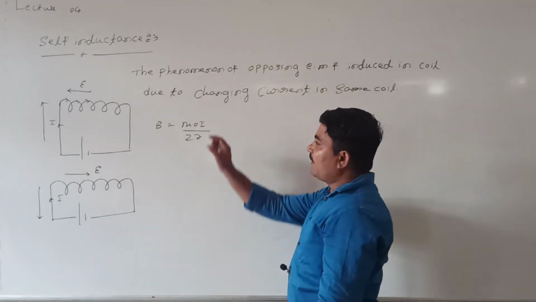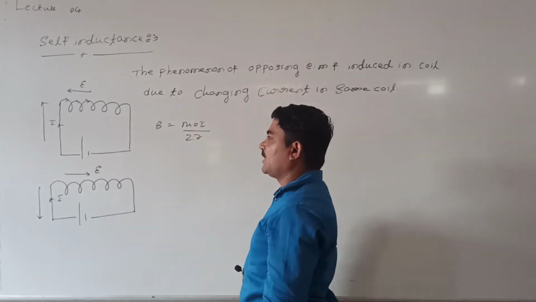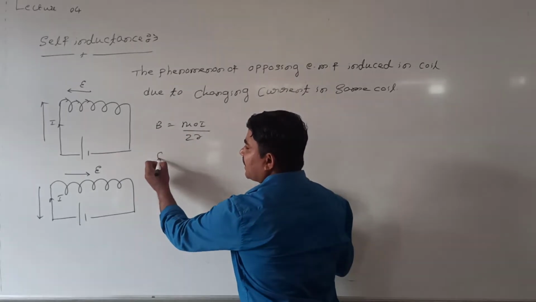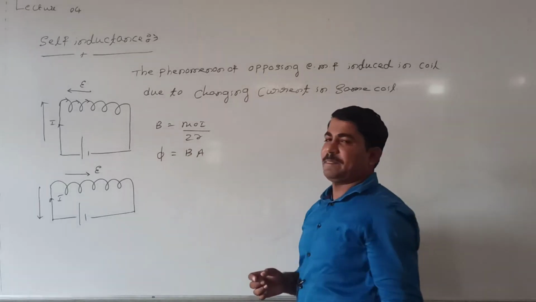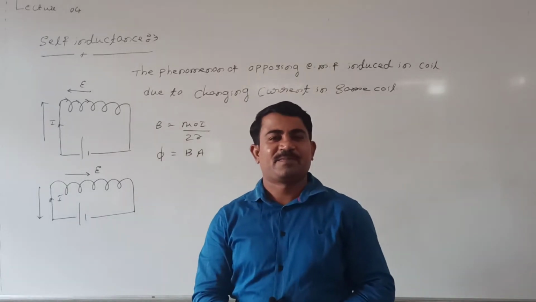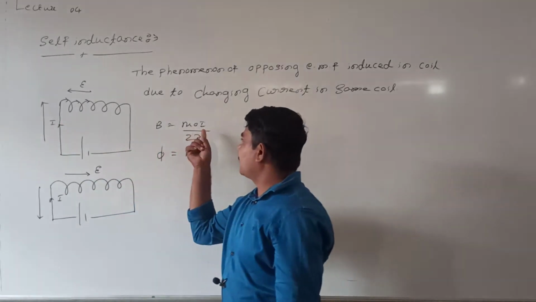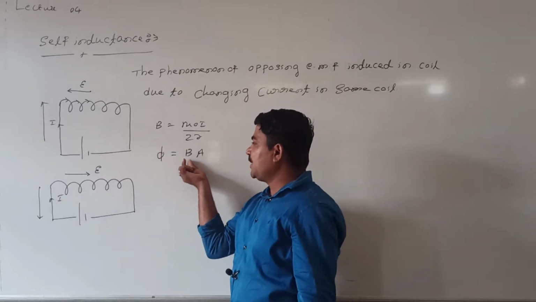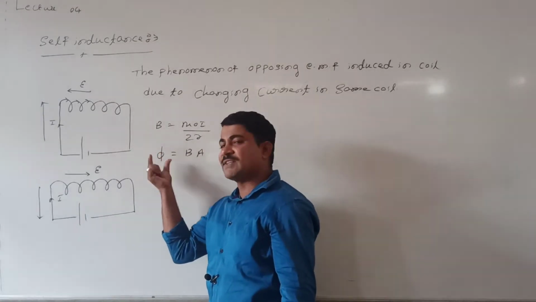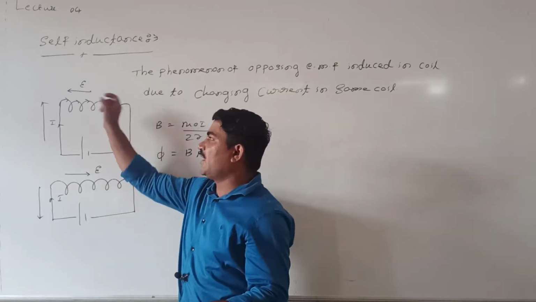Wherever current increases, the magnetic field also increases. Where the magnetic field increases, the flux, which is equal to B dot A, also increases. Wherever current increases in the coil, the magnetic field also increases, due to which the magnetic flux also increases. Wherever magnetic flux increases, an EMF is induced in this coil.